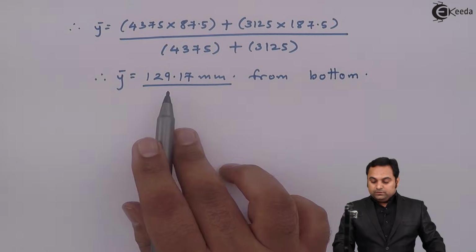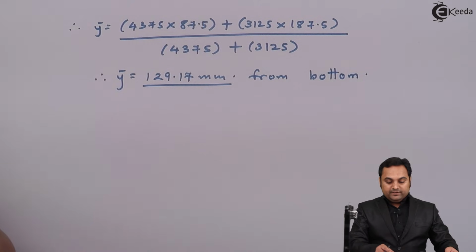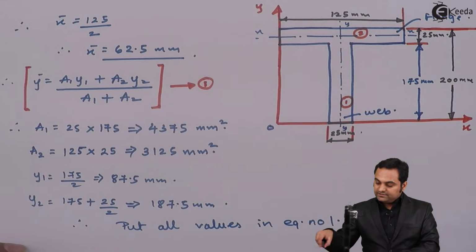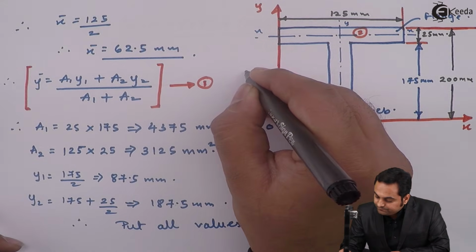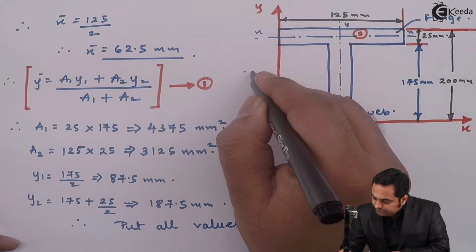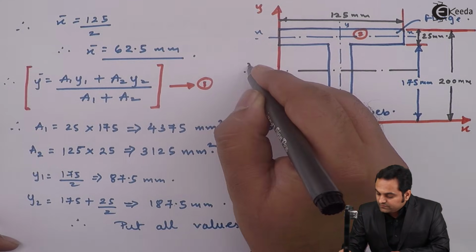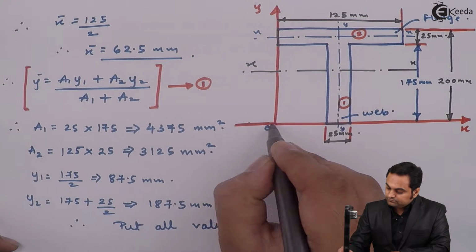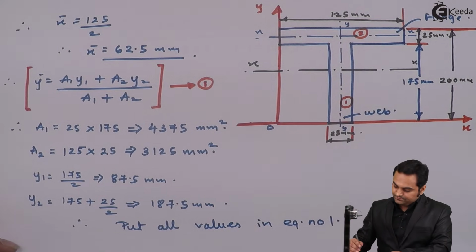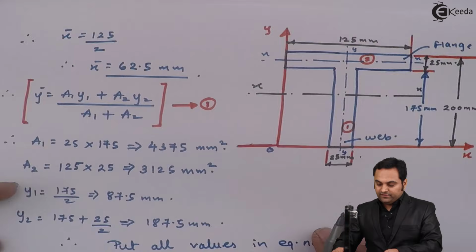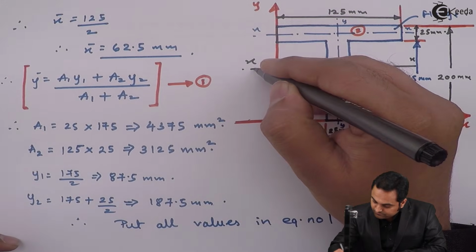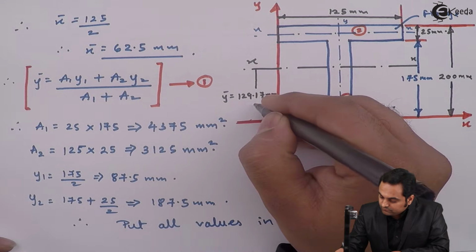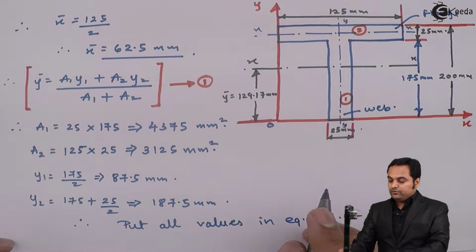Now, after getting the location of y bar, I locate the x-axis for the complete section. This is the x-axis of the complete section. Its distance is 129.17 mm from the bottom.